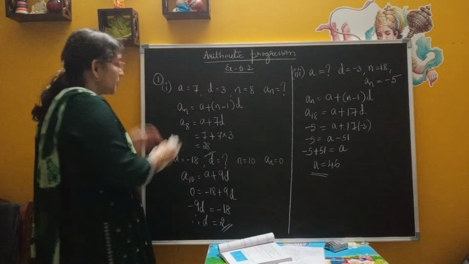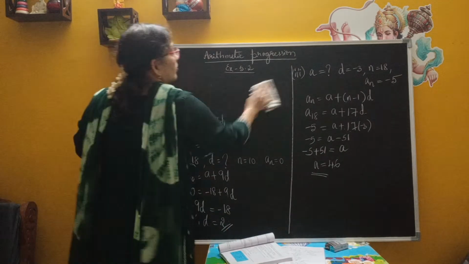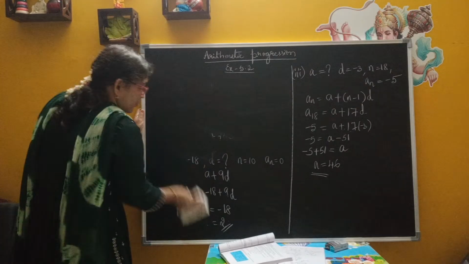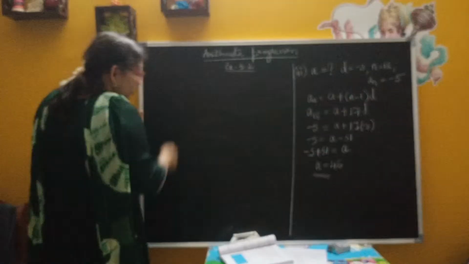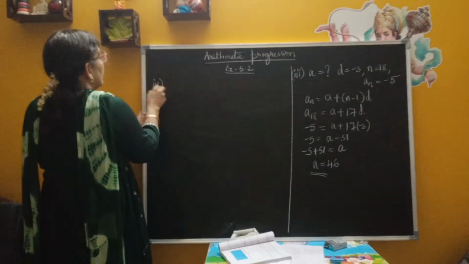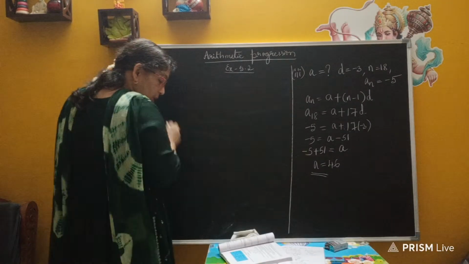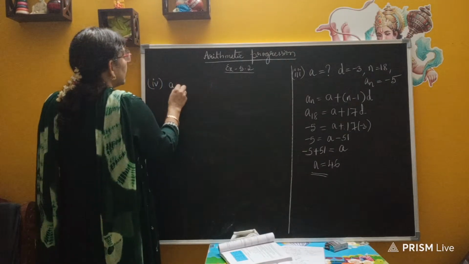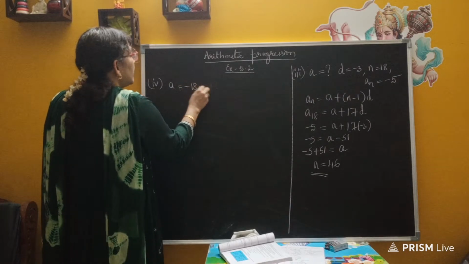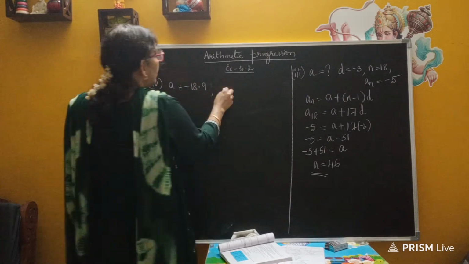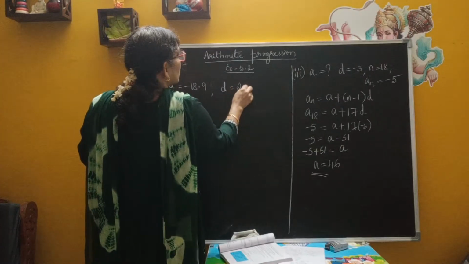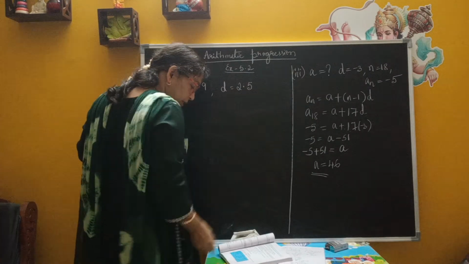Here the A value is given, minus 18.9. The D value is given, 2.5.